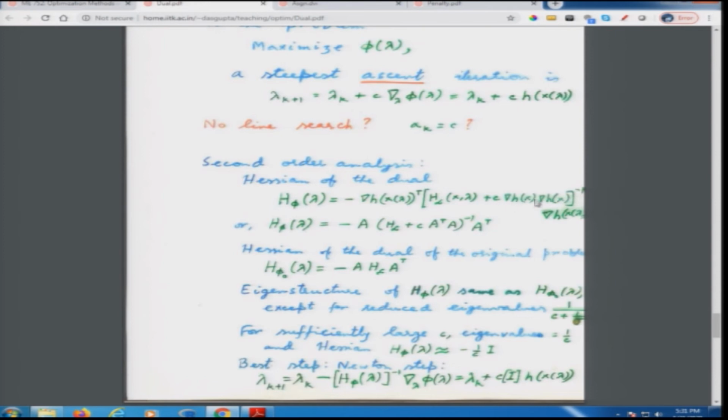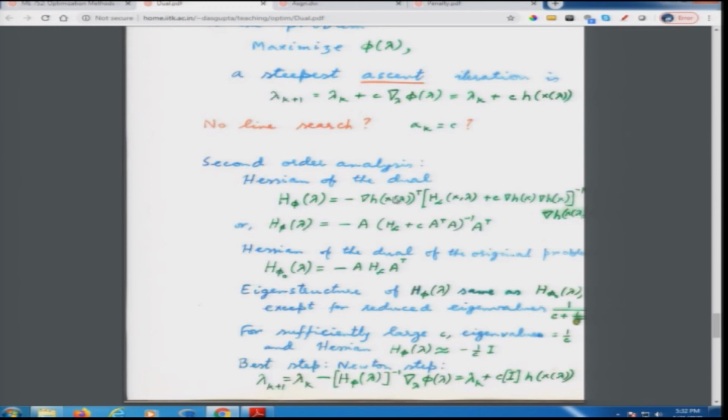Now, since there is a penalty term, this part comes. Actually, this should be C grad h transpose, and this fellow is inverse. If you thoroughly differentiate the first order derivative, you will get this: minus grad h transpose, H L plus C grad h transpose, whole inverse, into grad h.